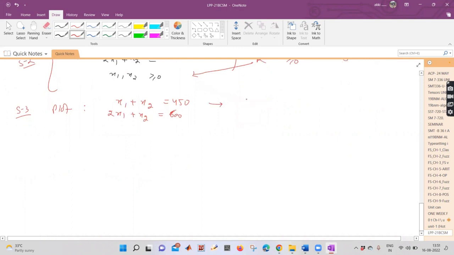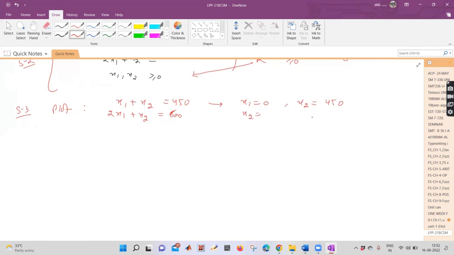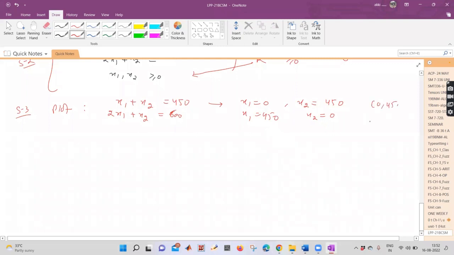For this, when I am putting x1 equals 0, straight away my x2 is 450. When I am putting x2 equals 0, straight away my x1 here is 450. So my points are (0, 450) and (450, 0).